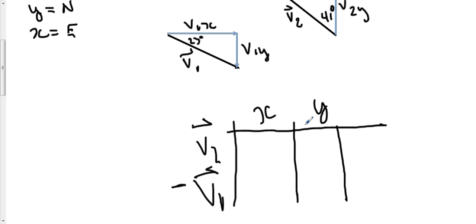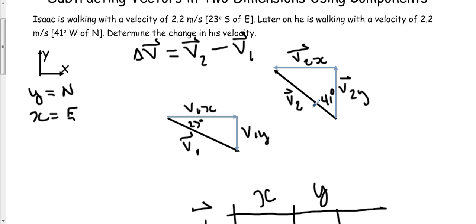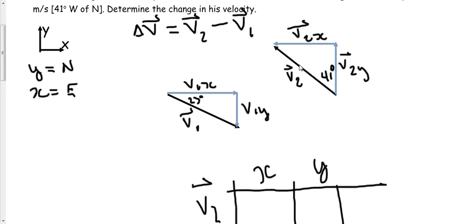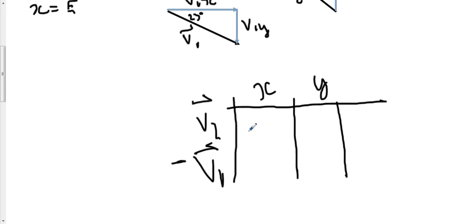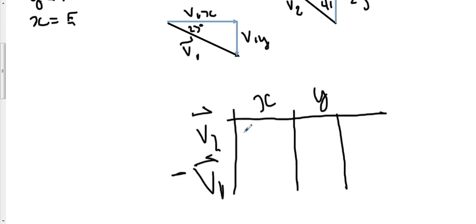So let's think about v2. v2, we've got 41 degrees. If we look at the x component, it's opposite. So v2 sine 41 is going to be the value of v2x. So where I have v2x, it's v2, which is 2.2, and it's going to be sine.